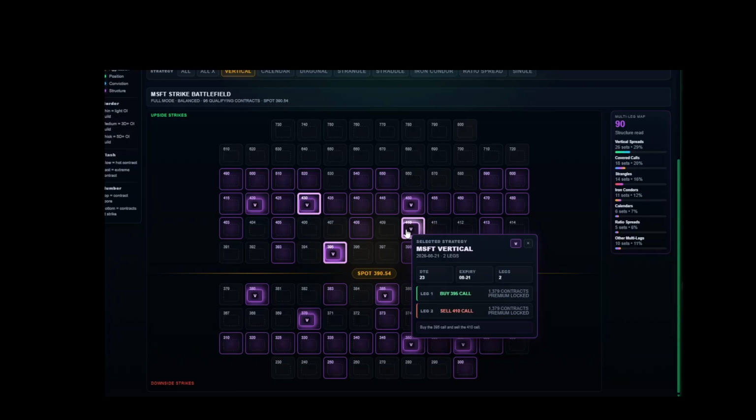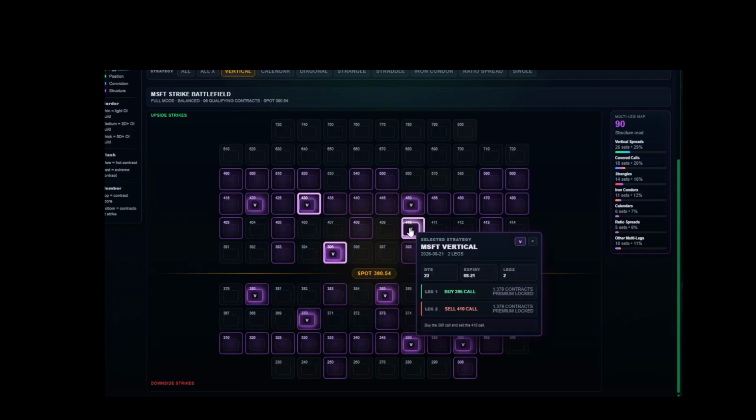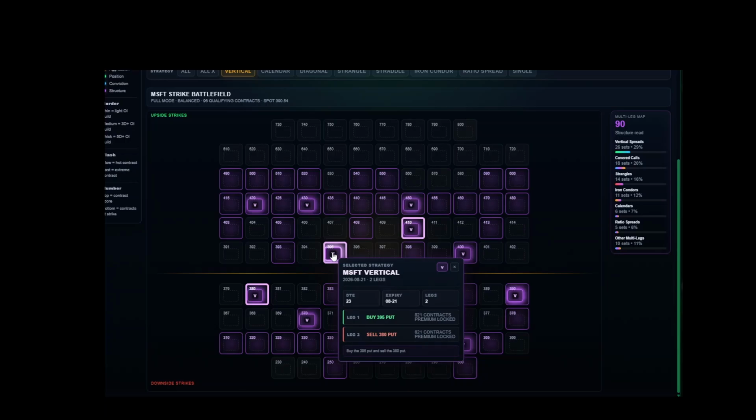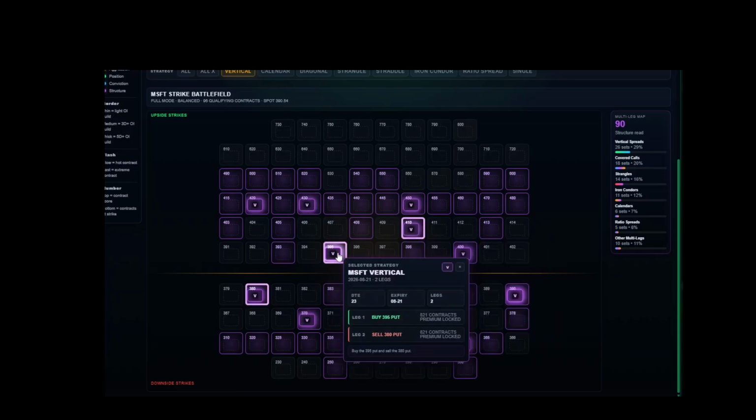I think this one is, yep, this one as well. Now this one, based on the structure, will be bearish. Yep, this one is bearish.